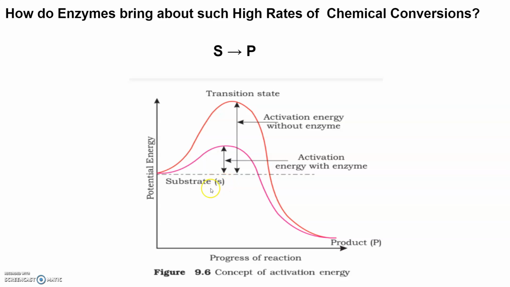We notice two things: the energy level difference between substrates and products, and whether it is an exothermic or spontaneous reaction, or an endothermic or energy-requiring reaction, the S has to go through a much higher energy state, the transition state. The difference in the average energy content of the S from that of the transition state is called the activation energy. Enzymes bring down this energy barrier, and the process of the substrate becoming product becomes easy.